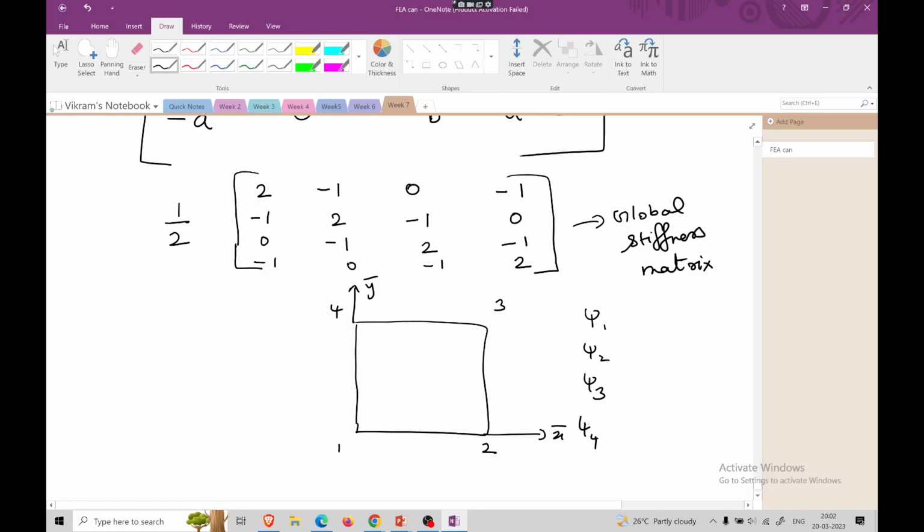Sij 11 will be the integral of dou psi i by dou x into dou psi j by dou x into dx dy. Sij 22 will be dou psi i by dou y into dou psi j by dou y. Here we can say in this coordinate system dx bar dy bar, right?